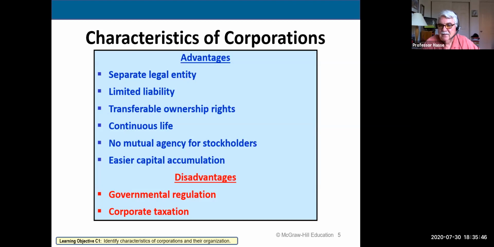But here's one of the disadvantages of being a private corporation. My personal finances were also part of my corporation finances. They're one and the same. When I filed a tax return, it was my personal tax return at the same time my company tax return. They weren't separate. In a public corporation, they're separate.